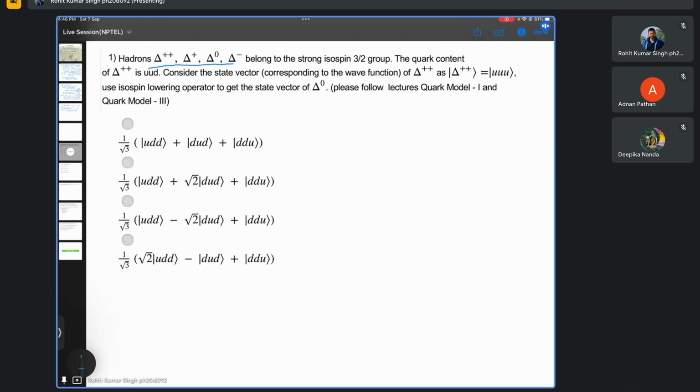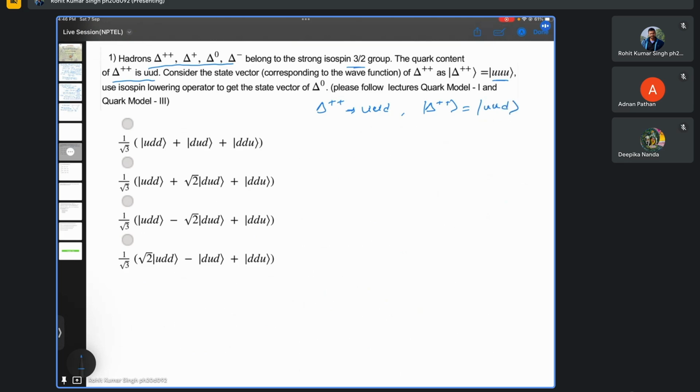So this belongs to the spin 3 half isospin group I just showed you, and the quark content of delta plus plus is UDD, UUD, 2 up quarks, 1 down quark. Okay, so let's consider its state vector as... I think it is mistyped. It should be UUD, right?